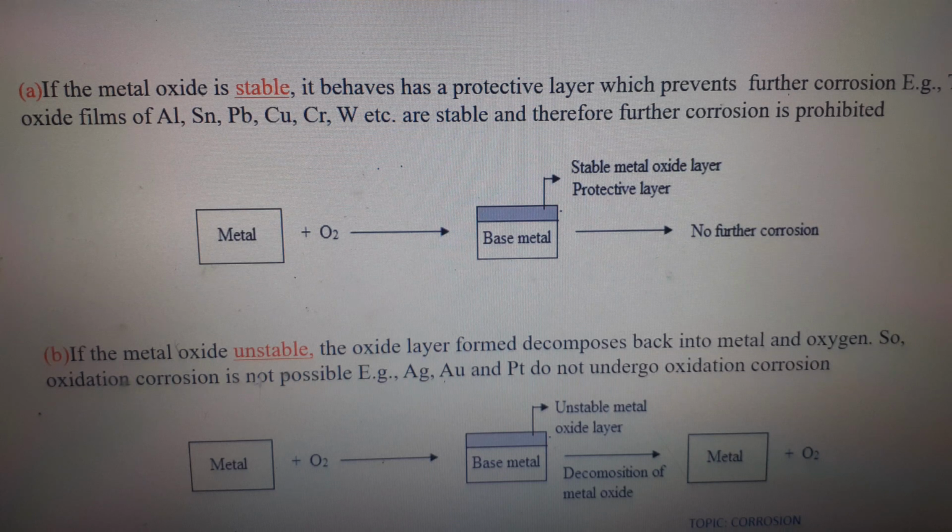The second type is known as unstable. A common example is gold, silver and platinum. Generally it is said that gold, silver and platinum are noble metals, so they don't corrode. But what process takes place here?